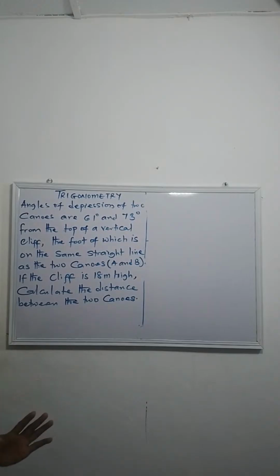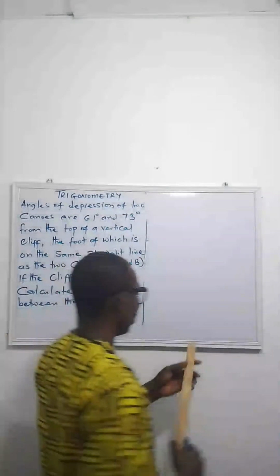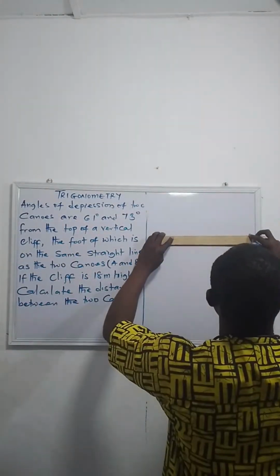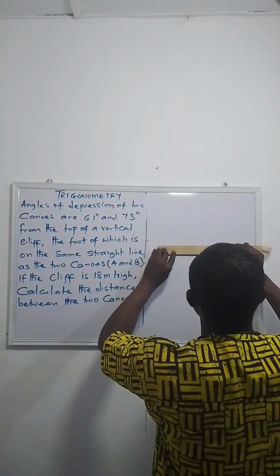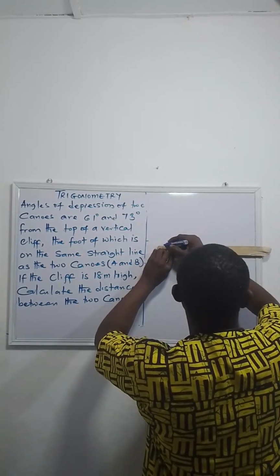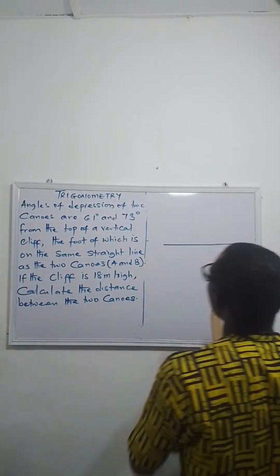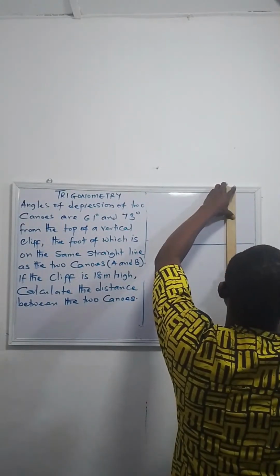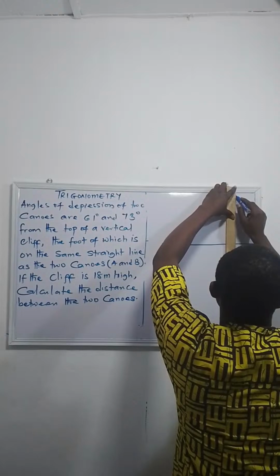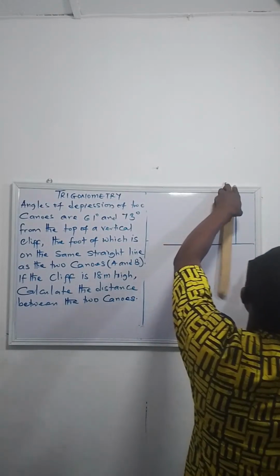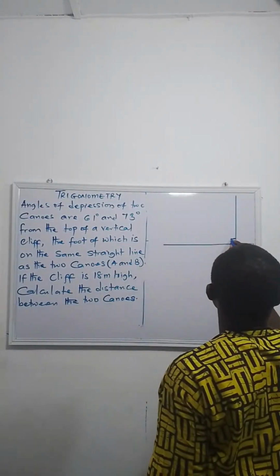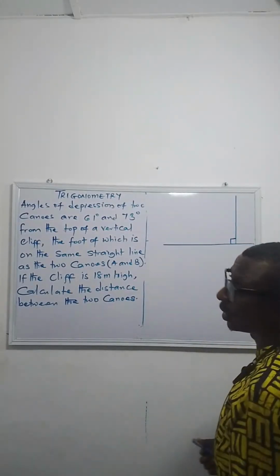The first thing is to draw the diagram. So let's first start with the horizontal line, which is the ground level. Okay, so we have a cliff here, which is at right angle to the horizontal.